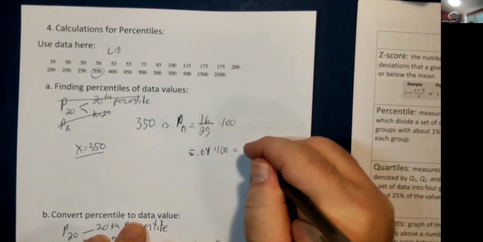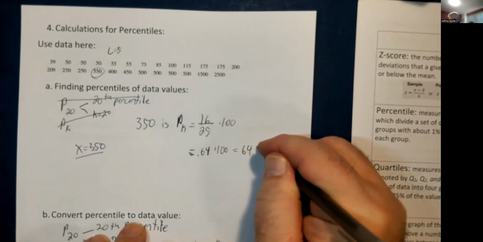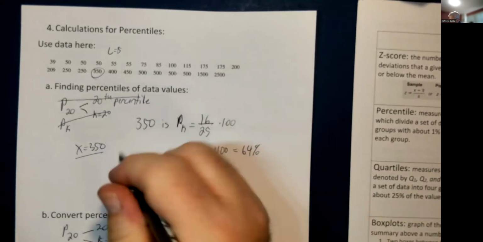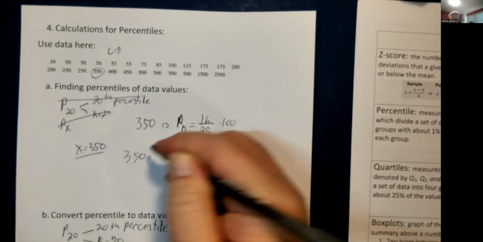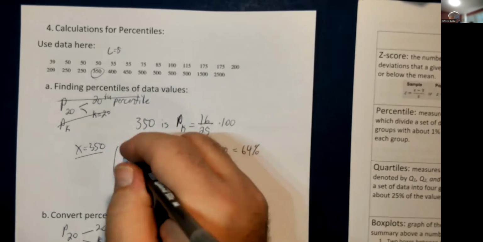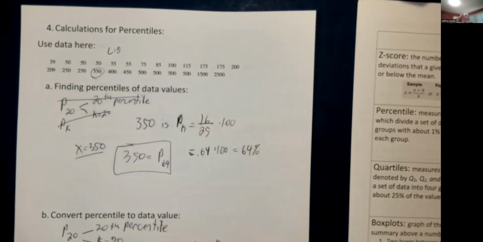So that's going to be the 64th percentile. For that set of data, 350 corresponds to the 64th percentile. And that's how we find percentiles of data values.